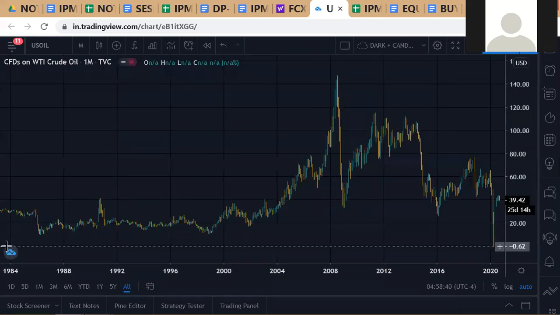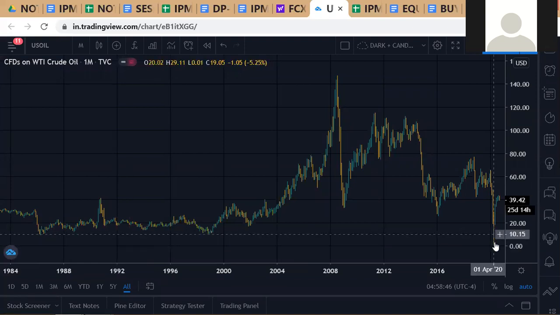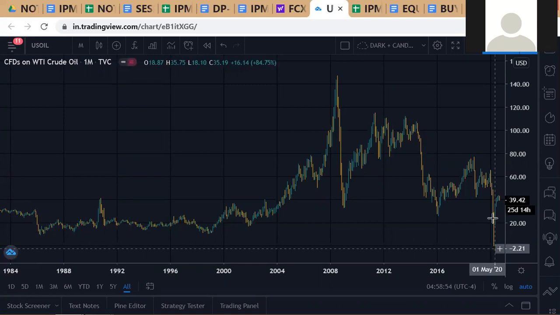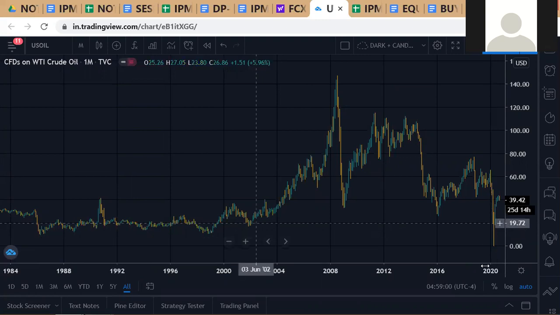Here also you can see there is a long-term cycle. This price is based on the front month futures price, so the futures contracts actually went negative. But that is slightly an aberration, and it's basically near zero, right? So here also you can see cycles, okay? Even in crude oil, you can see cycles.